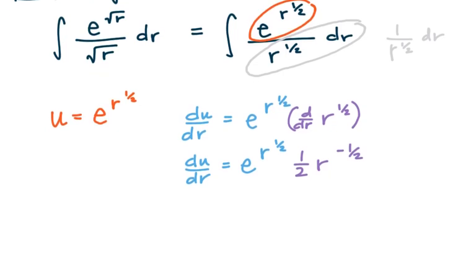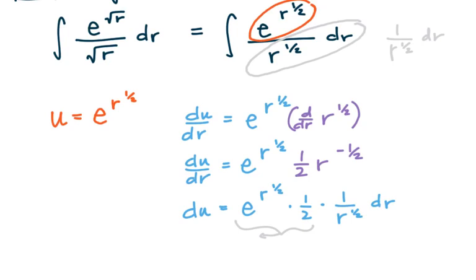So I already have r to the 1/2 in the denominator. So I've got du equals e to the r to the 1/2 times 1/2 times 1 over r to the 1/2 dr, and multiplied the dr up. And these two terms, I can divide them to the other side.